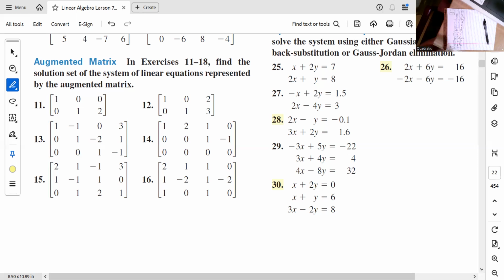In order to be a solution for the system, I need a solution that solves all three equations. I don't have that. I have a couple of almost guys, but I don't have any.